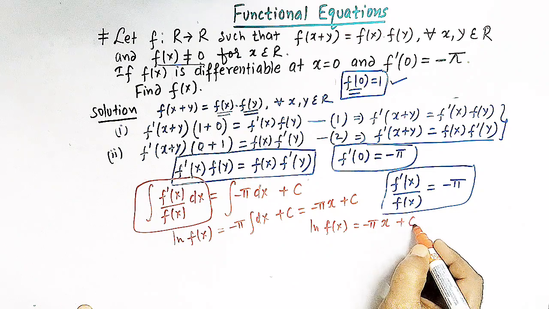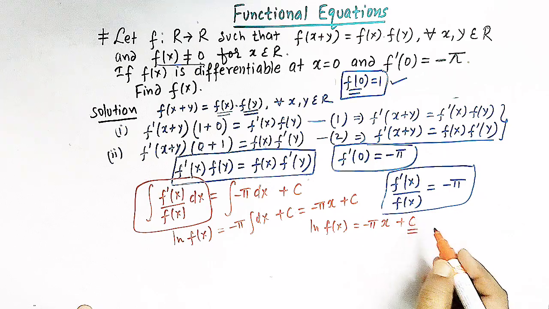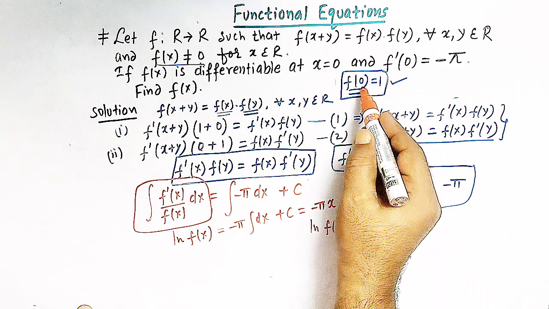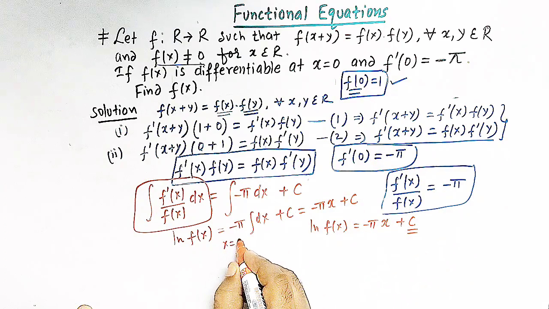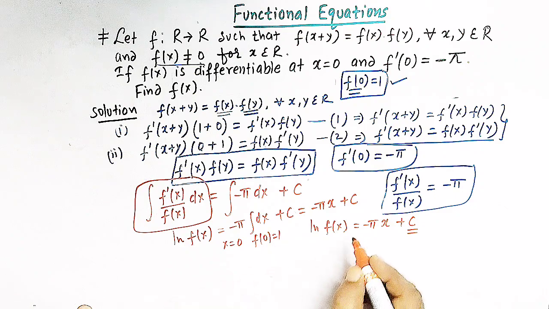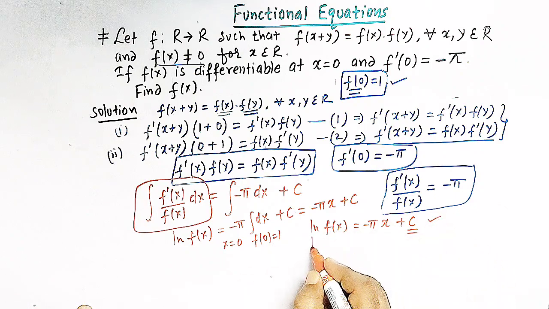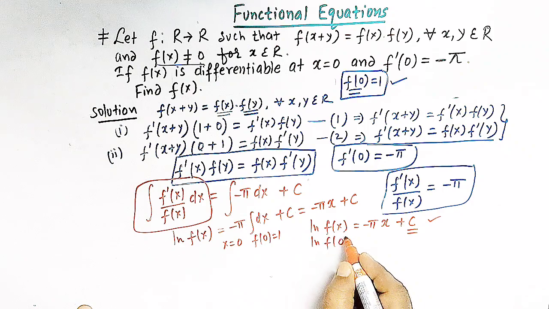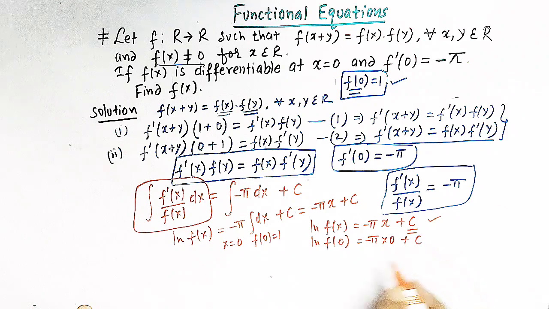Now this constant of integration c can be easily determined by using this condition, that is when x is 0, then f of 0 is equal to 1. So let us take x equal to 0 in this equation. So we have log of f of 0 equal to minus pi times 0 plus c, and f of 0 is 1.